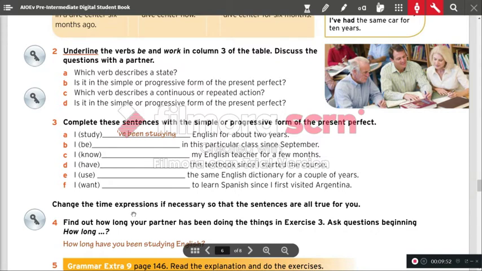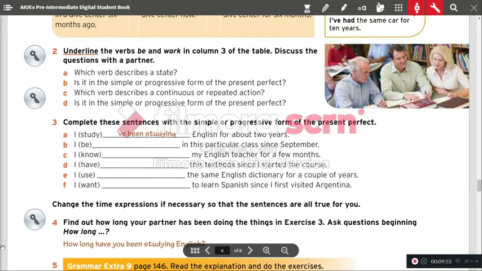Alright, for the last exercise of this topic, we have find out how long your partner has been doing the things in exercise 3. Ask questions beginning how long. So what you're gonna do is change these sentences into questions. For example, in number 1, I have been studying English for about 2 years. So you're not gonna say for about 2 years.